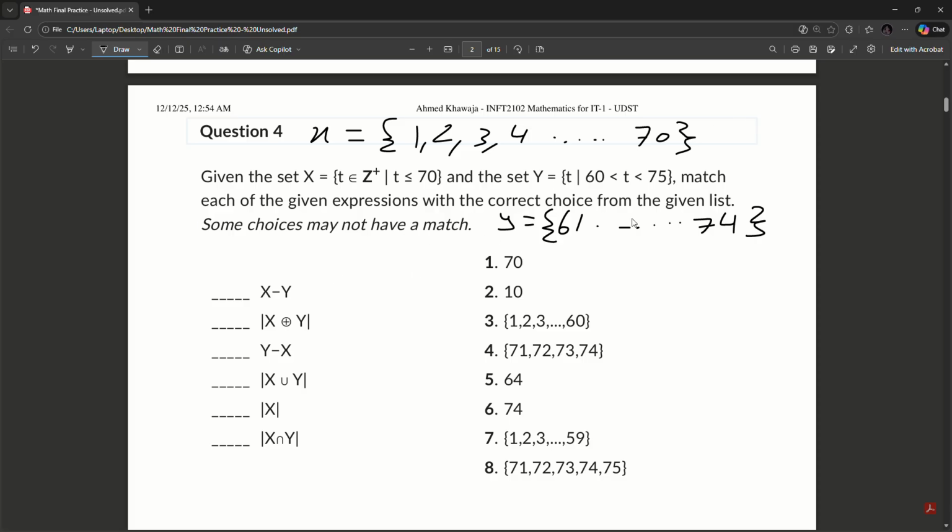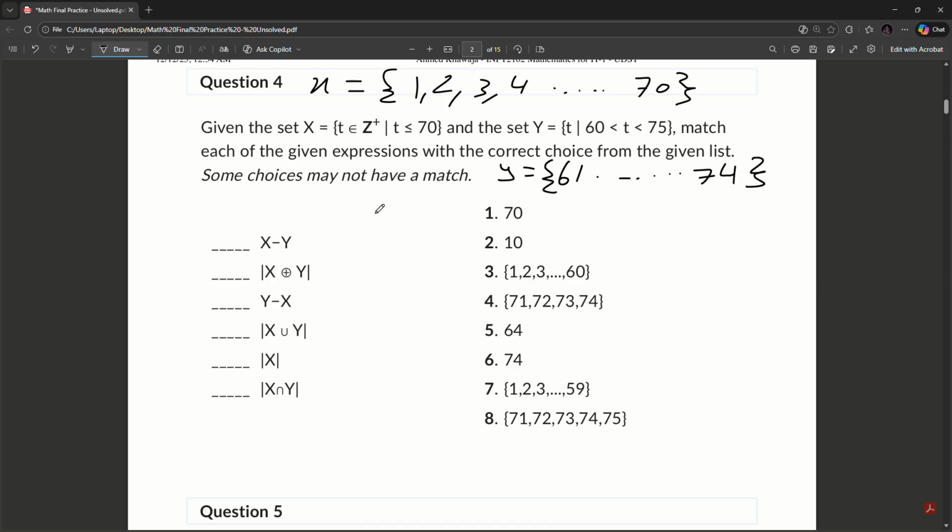So now we'll proceed to the question. What is X minus Y? X is basically this set, subtracting the elements from this set. Meaning, what is common between both sets? In set X, it goes to 70. In set Y, it starts at 61 and goes to 74.